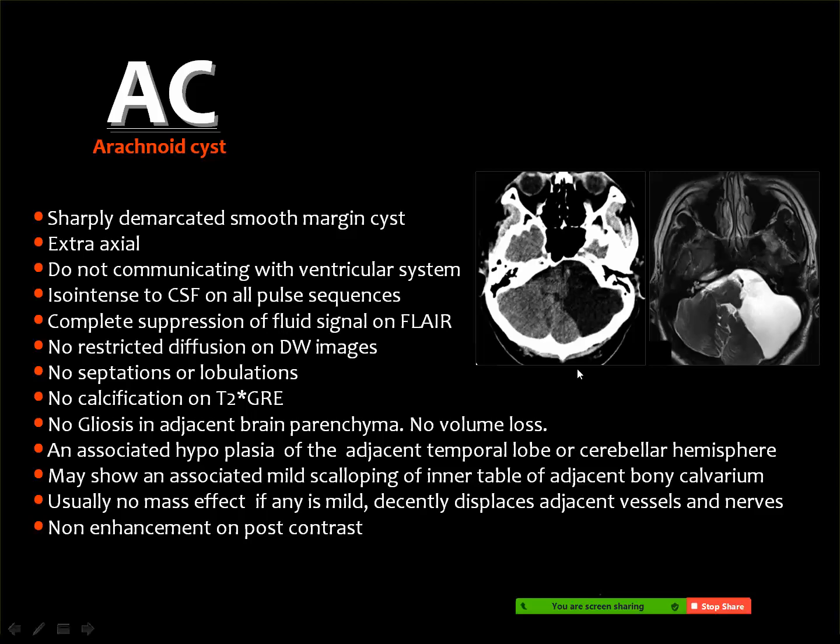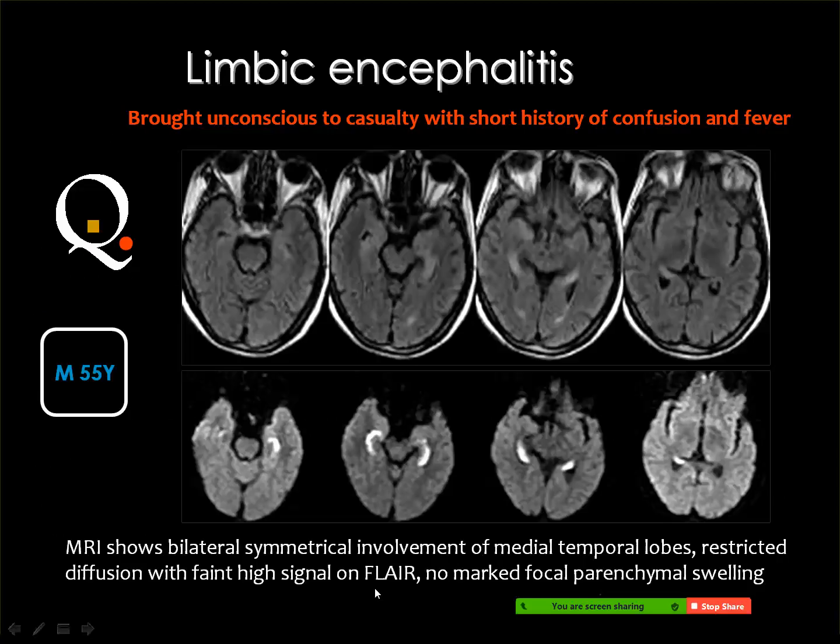You know that arachnoid cyst is usually located against the greater wing of the sphenoid, but it can occur also in the posterior fossa while maintaining its classic imaging criteria, including the smooth margin, the CSF density and signal intensity. There is no enhancement, no calcification, and no diffusion restriction.